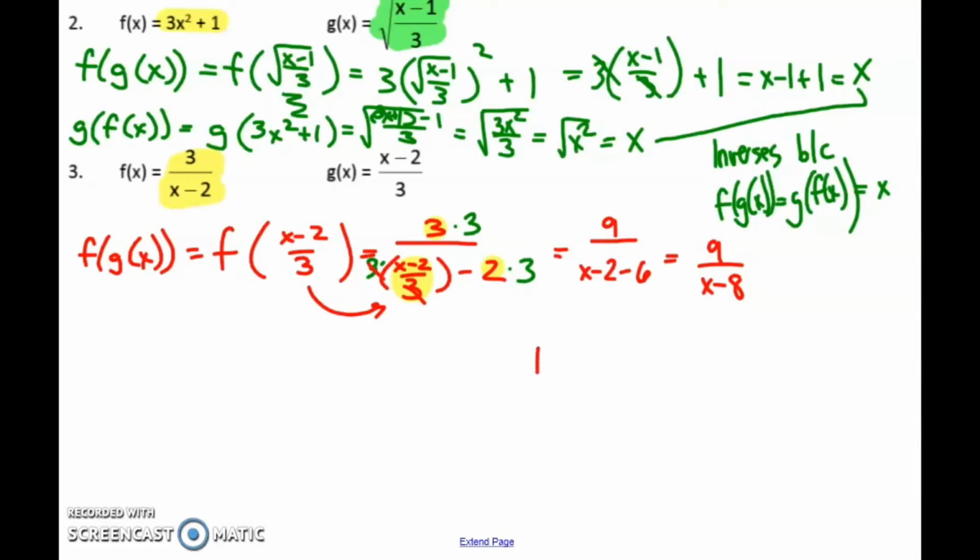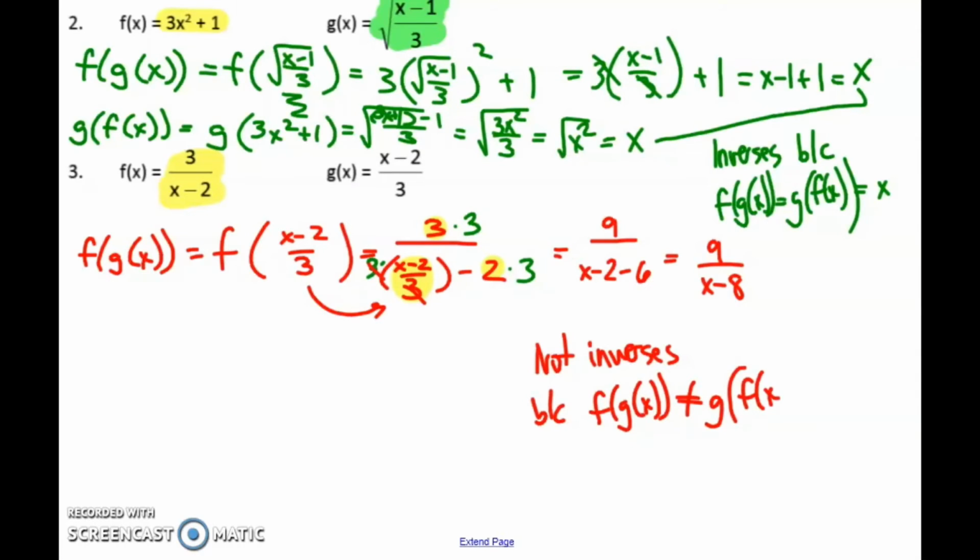So I'm going to say not inverses, because f of g of x does not equal x. So to disprove it, you only need to show that one case does not equal x.